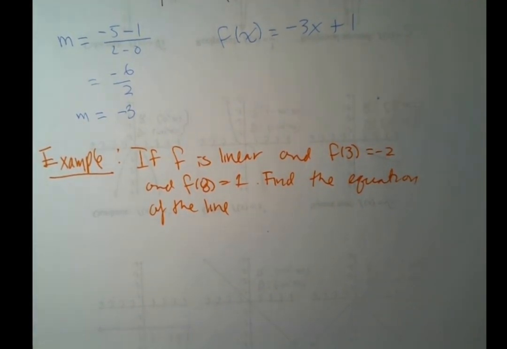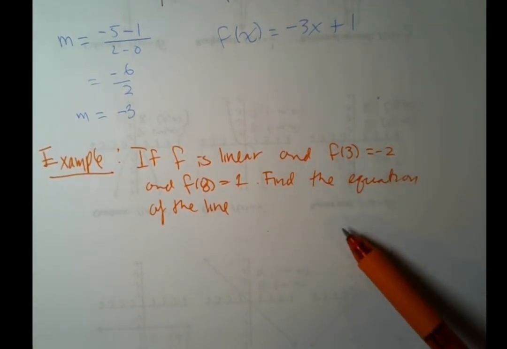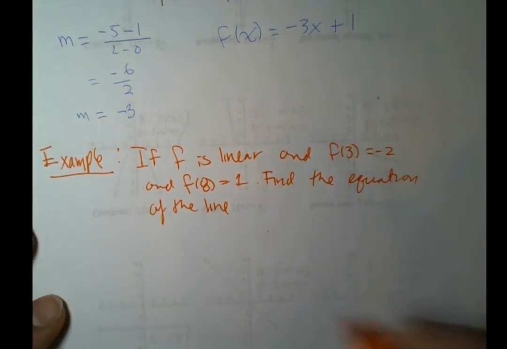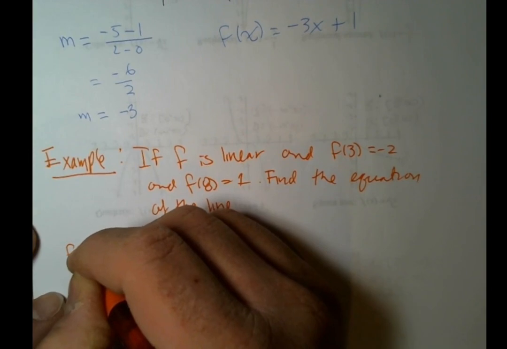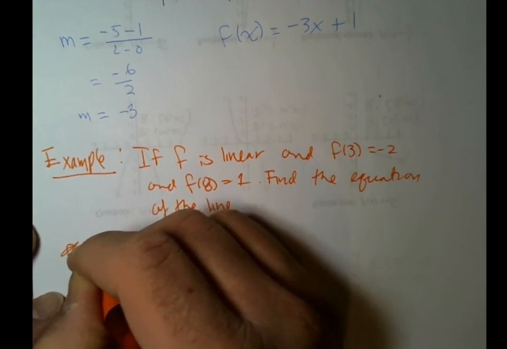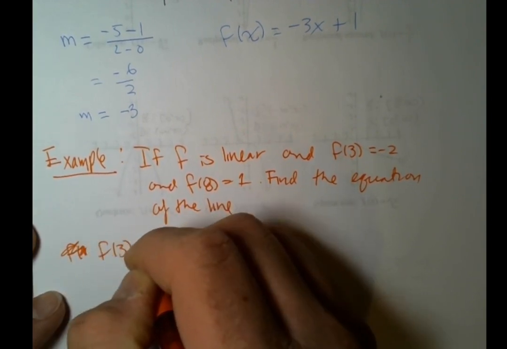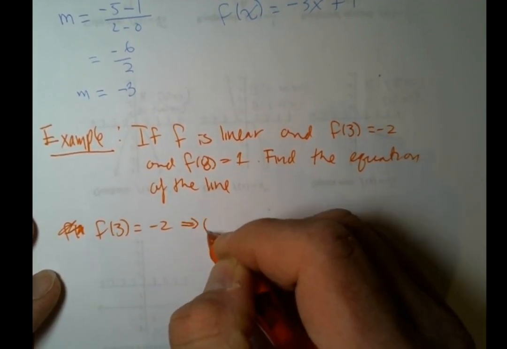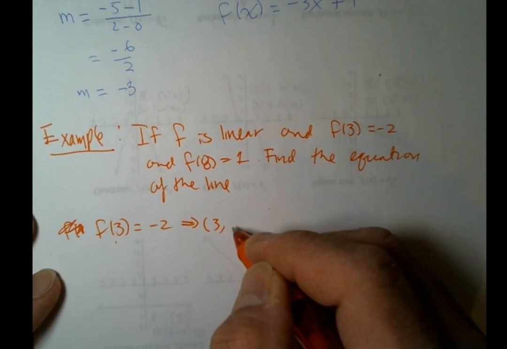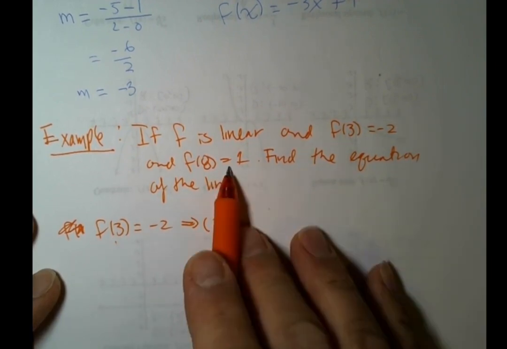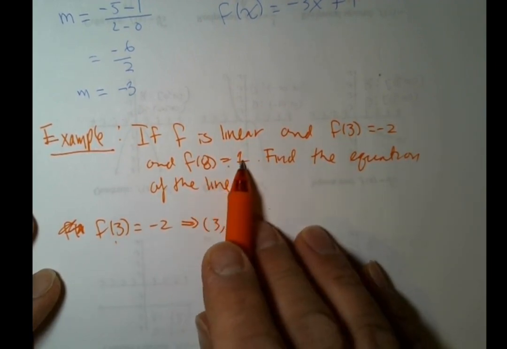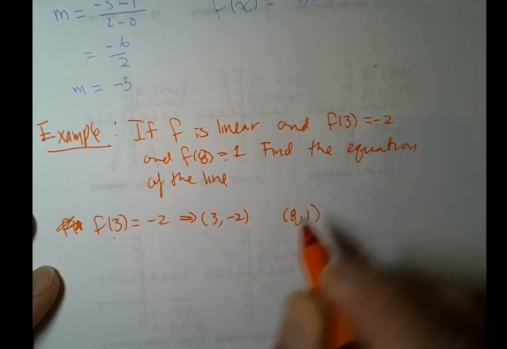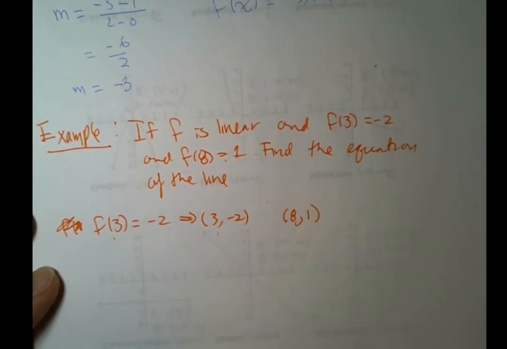All right, now I'm given 2 values of the function, but I can also interpret these as ordered pairs, right? So recall here, something like this. f of 3 equals negative 2. That is, 3 is the input, the output is negative 2. And in a similar way, here 8 is the input, and the output is 1. I have 2 ordered pairs.